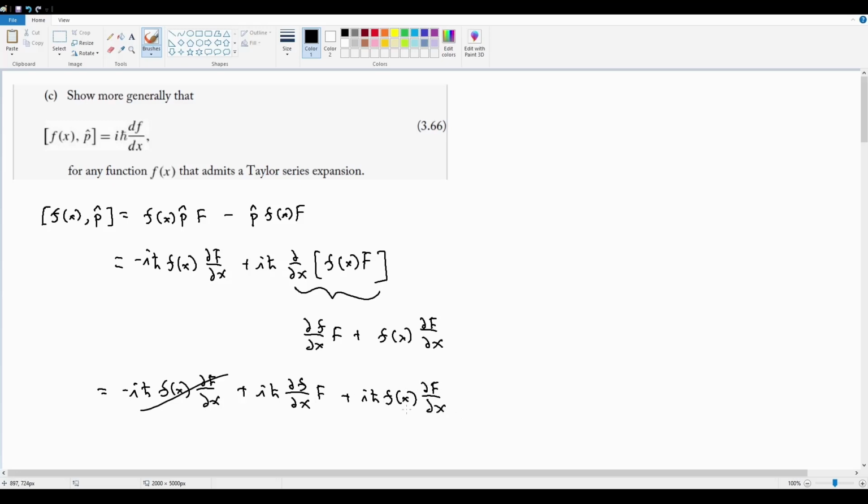In which case this term cancels with this term and you get i h bar df/dx big F. This big F is just our function that we're acting the operator on, so it just goes away, and this is our commutator term, i h bar df/dx, which is exactly what this is, and with that we are done with part C.